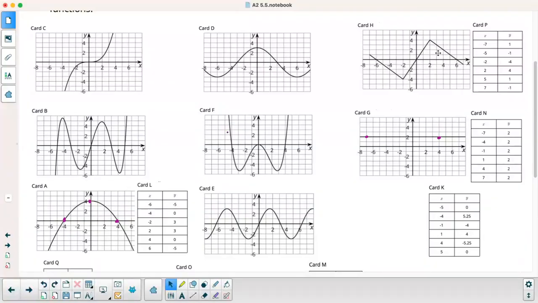So 2, 4 is good right there. -2 is at -4. 5 is at 1. -5 is at -1. Looks pretty good. Okay, so there we go. We got that one.